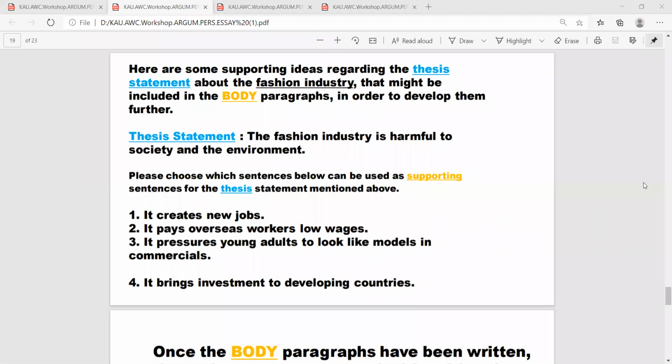Okay, I see a lot of answers, but how about maybe one sentence explanation as to why you have chosen that answer? Number 3, the majority of people have chosen number 3. It pressures young adults to look like models in commercials.